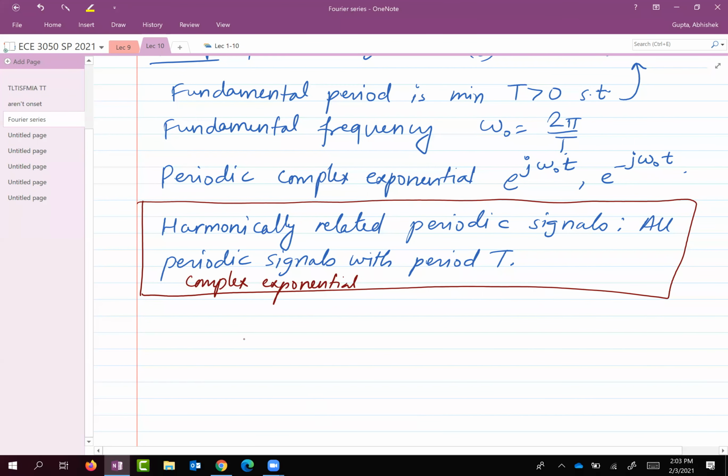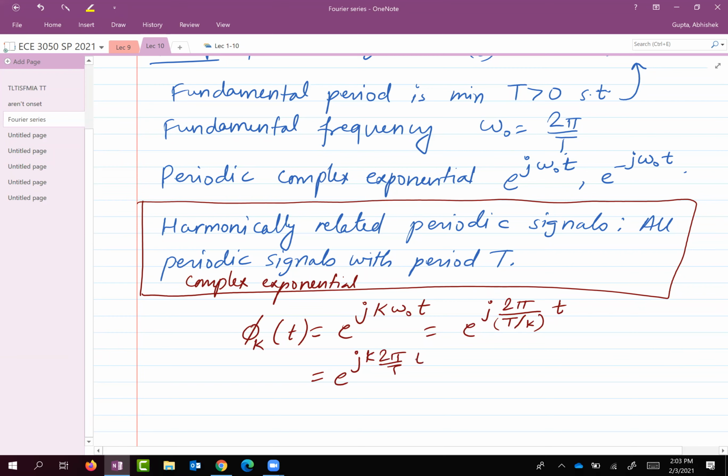This would be given by Vk(t), which is e raised to... there are multiple ways to write the expression for Vk(t).